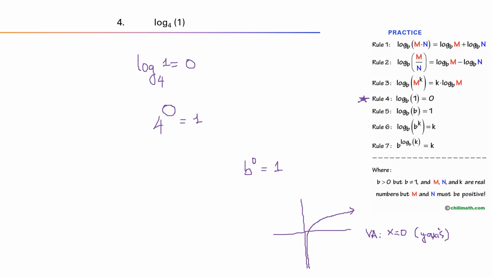So the vertical asymptote is right here. It never touches that. It means it never is 0. So remember, any number raised to the power of 0 will be equal to 1. So log of any base of 1 equals 0.